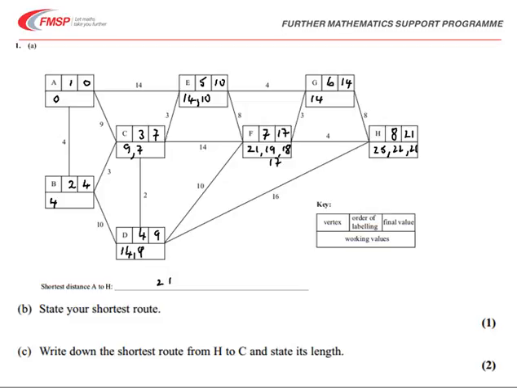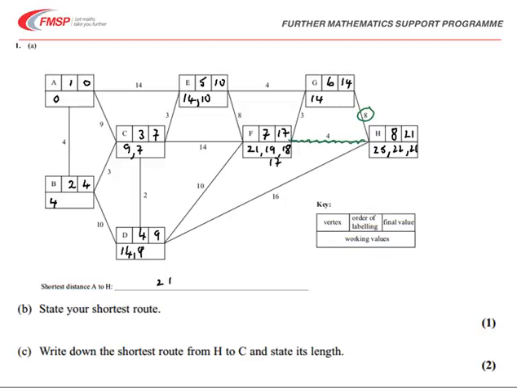So if we work back from H to F, you can see that 21 take away 4 is 17. So this becomes part of our shortest route. If we look at the other one from F, 21 take away 8 here, that would be less than the 14, so this is not part of our shortest route.